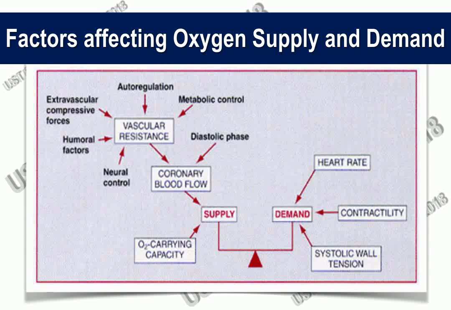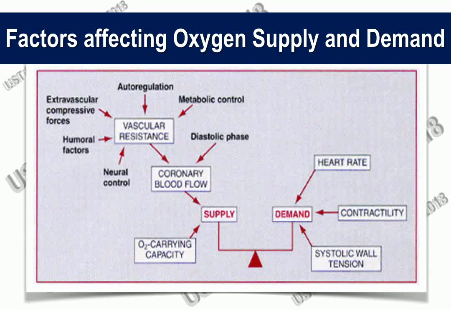So in the supply factor, this is contributed upon by your oxygen carrying capacity, the coronary blood flow, the factors leading to coronary vascular resistance, which consists of these different mechanisms. So anything that will decrease coronary blood flow would decrease supply, and that would worsen angina.